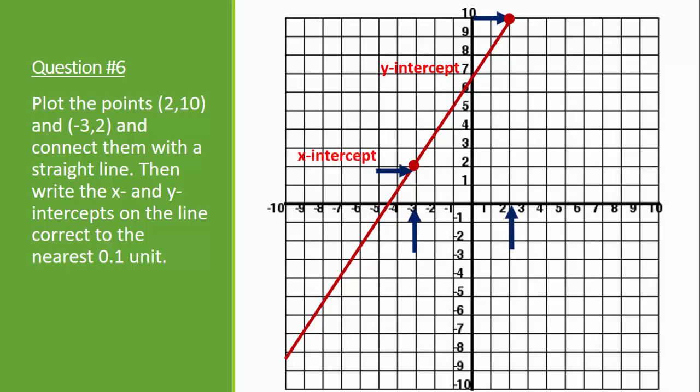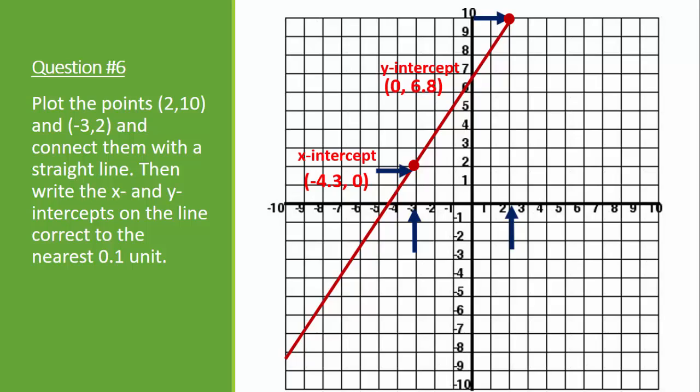And the x-intercept is going to be what is the value of x when y is equal to 0. In this case, we see the line crosses through where x is equal to negative 4.3 and y is equal to 0. And for the y-intercept, x is equal to 0 and the y value is positive 6.8.